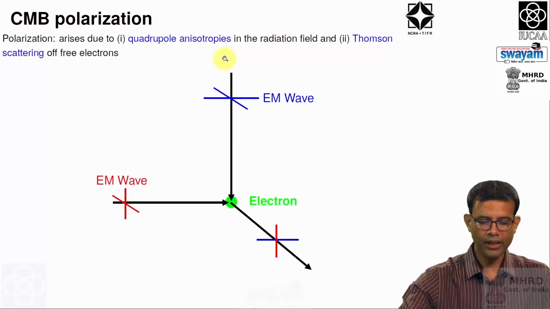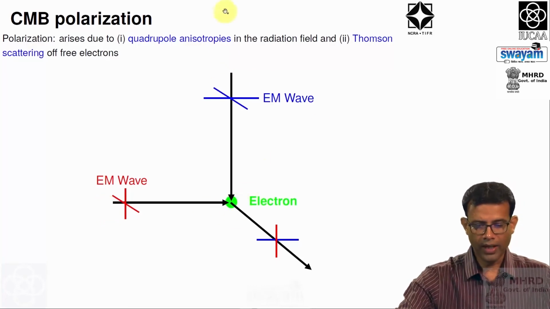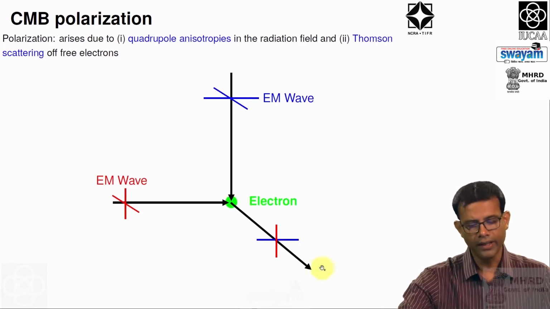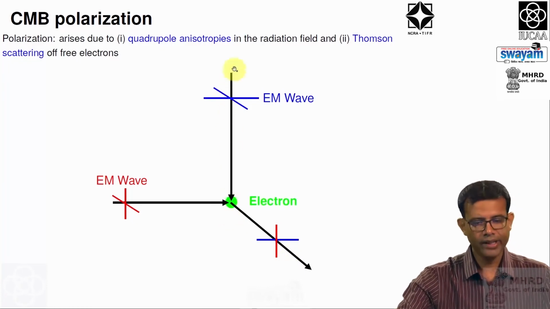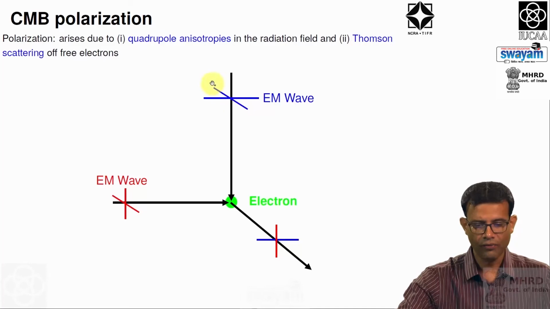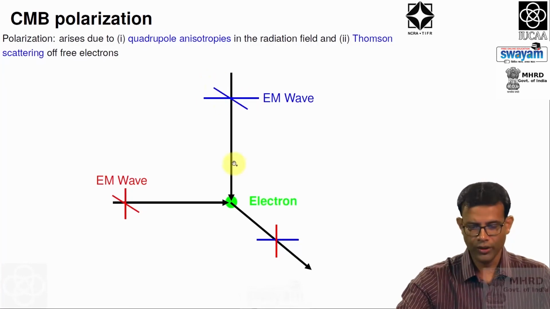For example, imagine an electron here and it is bombarded by CMBR photons from all directions. So, let us consider two orthogonal directions, and let us say we are only looking at scattering at 90 degrees. Okay. So, this wave comes, which let us take to be unpolarized to start with. So, it has two polarizations and both the directions have equal amplitude.